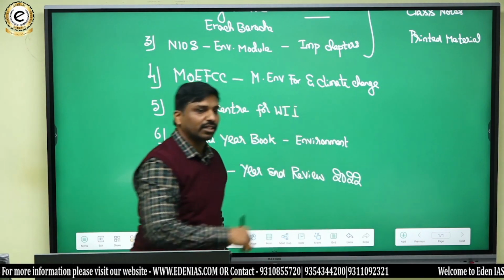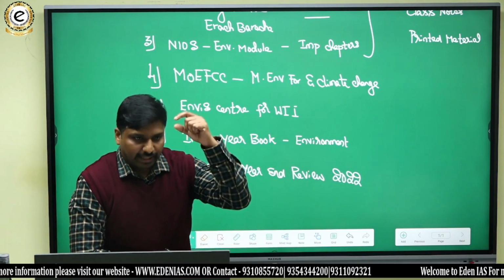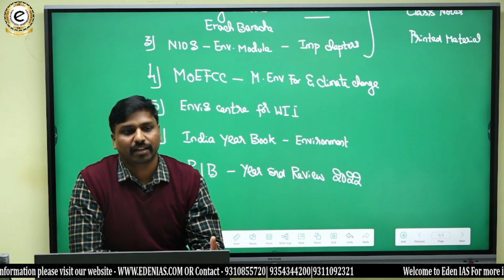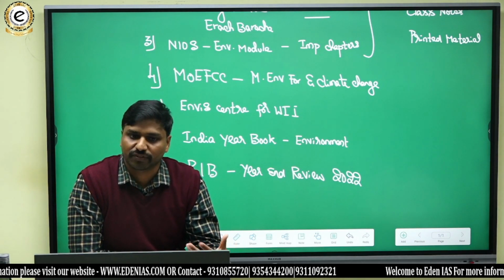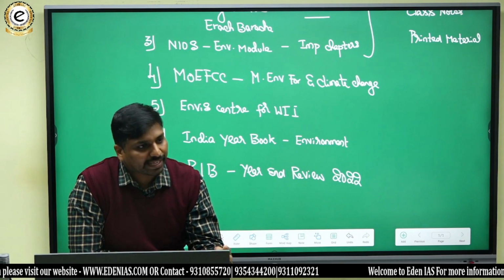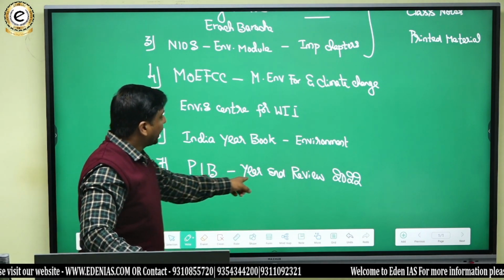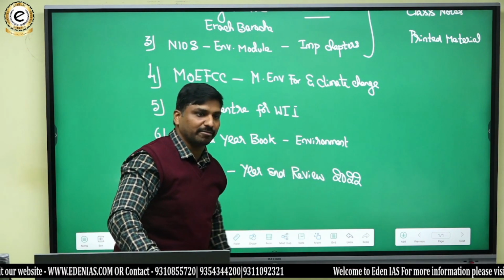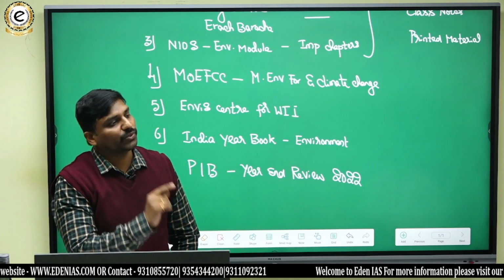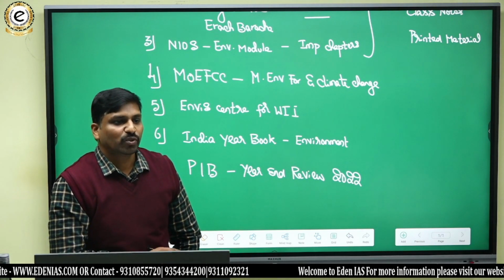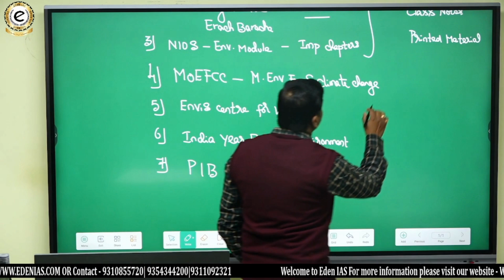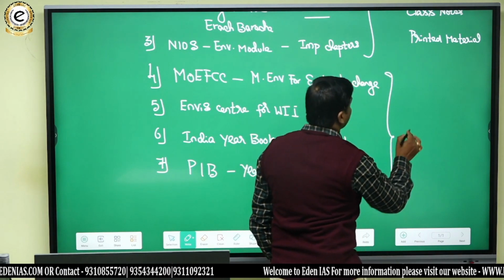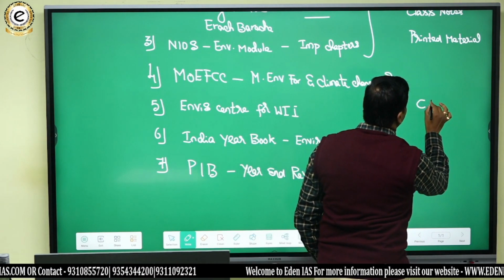If you go to the site, you will get it. It tries to analyze all the ministries' works and performances. Likewise for environment and ecology also, the year-end review of the MOEFCC ministry, you have to just have a look. So these are some important sources which you can use for current affairs.